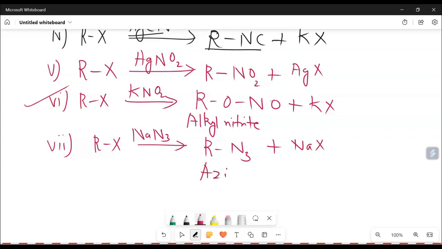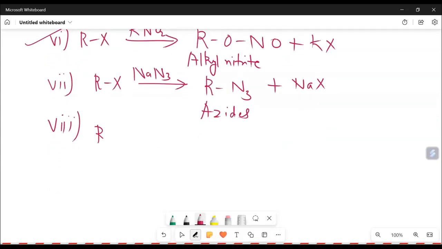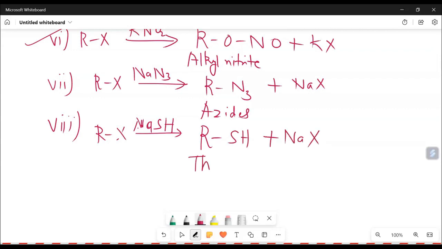The next reaction is R-X reacting with NaSH. It will form thiols, that is RSH, known as thiols, plus NaX. So this is your thiols.